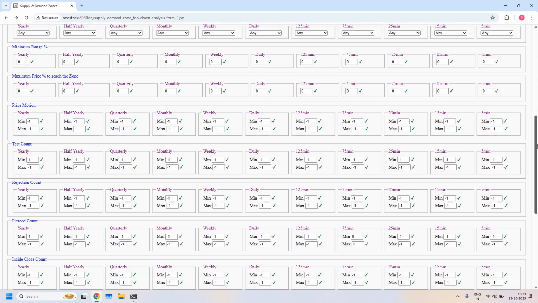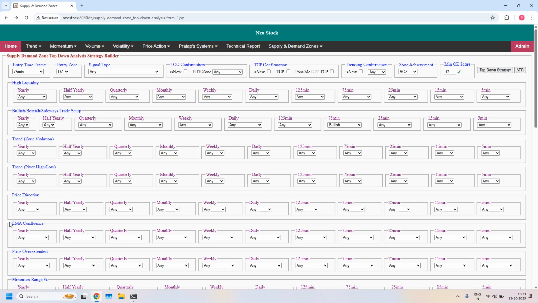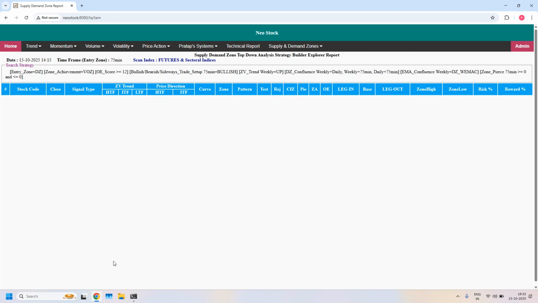By enabling all the three filters, EMA confluence should be on HTF, that is weekly: weekly demand zone having weekly EMA. At the same time, trend on the weekly should not be sideways. It should be uptrend because it is a bullish trade setup. So we don't have any stocks as per this second strategy.